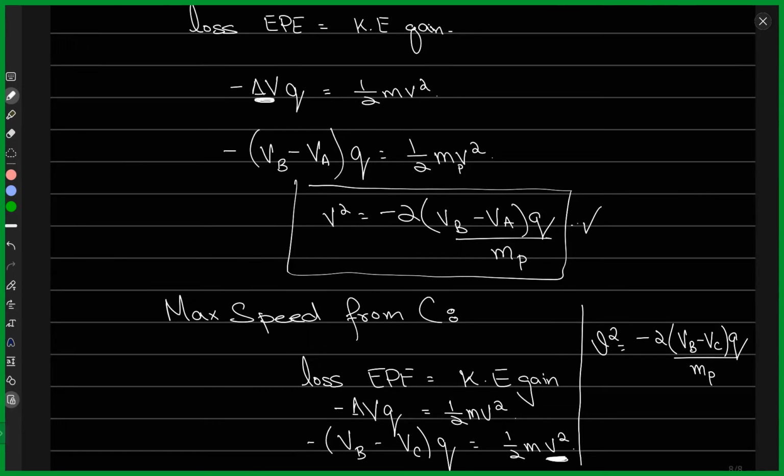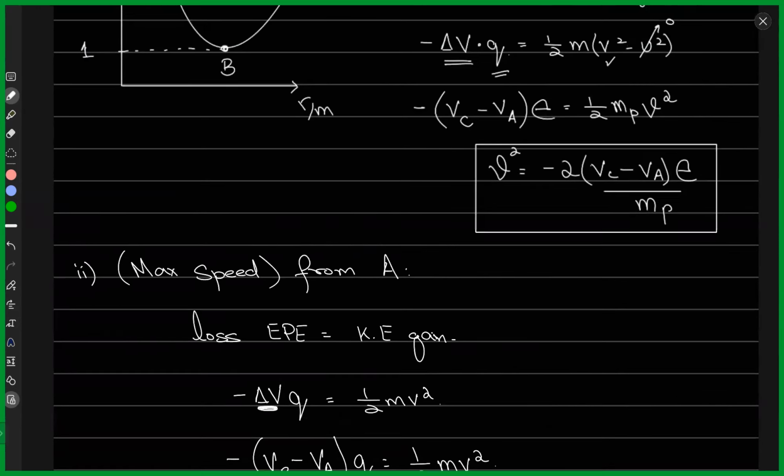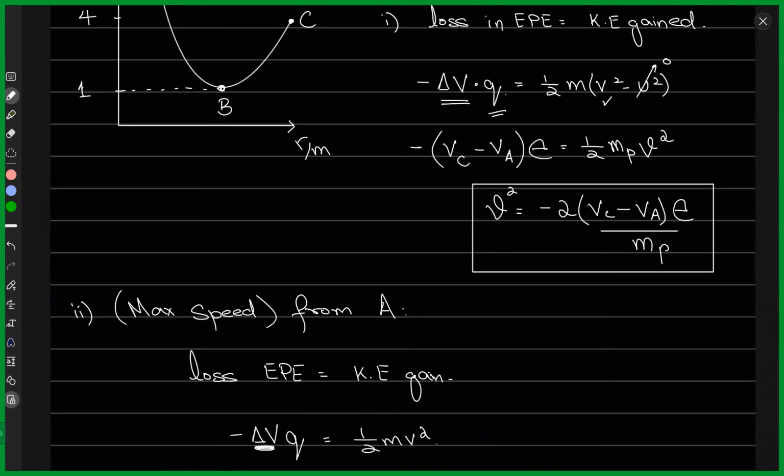Okay. This is clear as well. No questions? Okay, clear. Omar, Hasib, Alicia, it's clear?